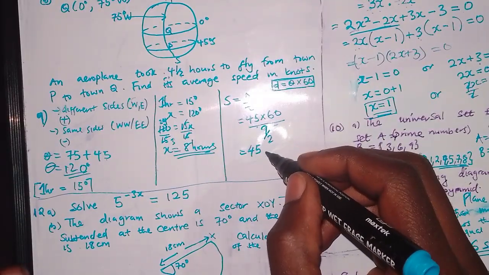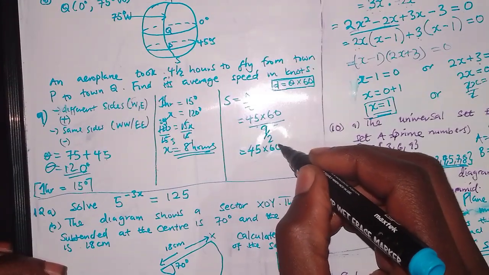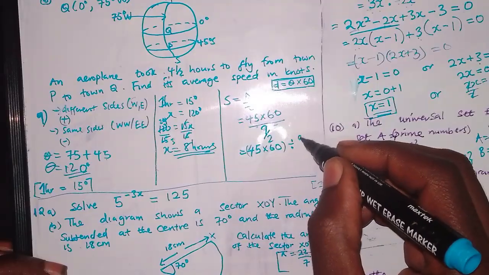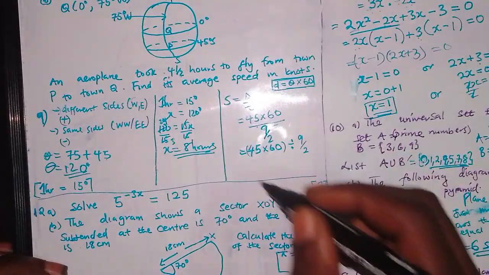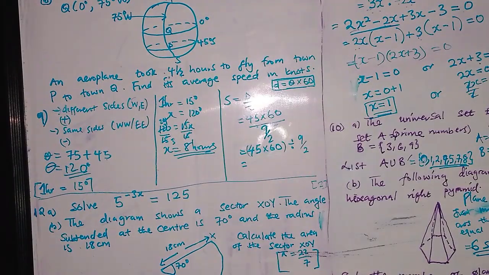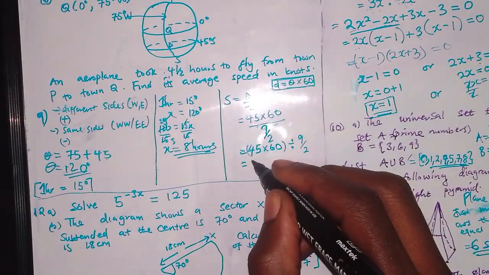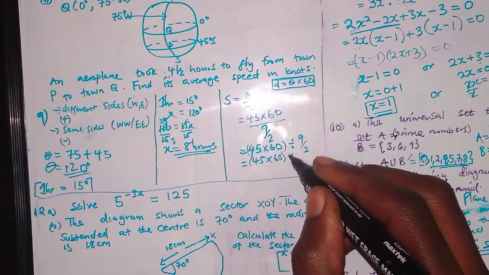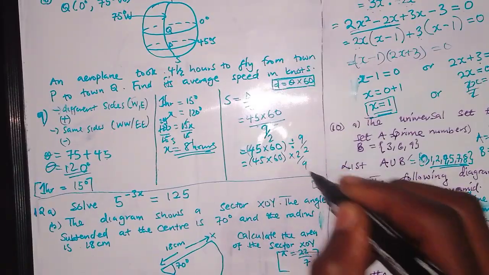So you say 45 times 60 divided by 9 over 2. If you want to change the division sign into a multiplication sign, you swap what is next to the division sign. So you say 45 times 60 multiplied by 2 over 9.